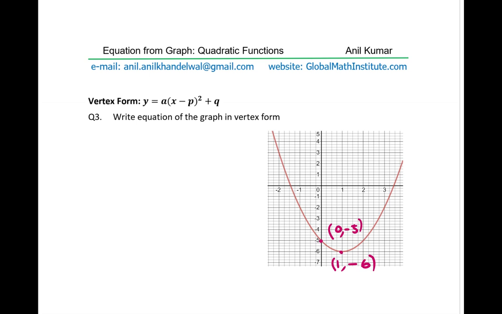So we know that the vertex in this case, let's call this V, is (1, minus 6), and we have the y-intercept, let's call this point B, (0, minus 5).